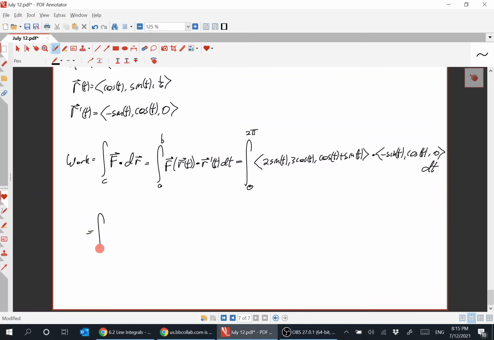So we evaluate the dot product, right, the dot product of two vector functions is a scalar function. So it is minus 2 sine squared t plus 3 cosine squared t plus 0 dt.